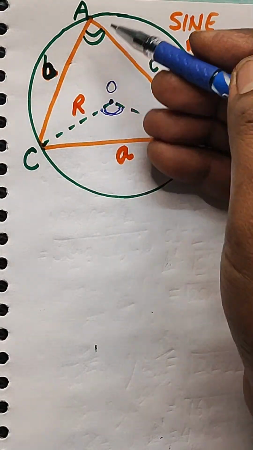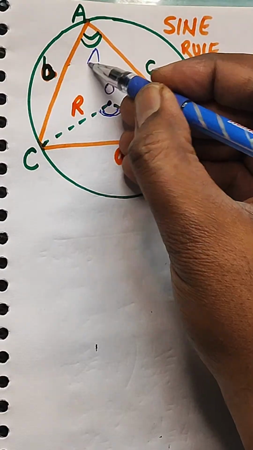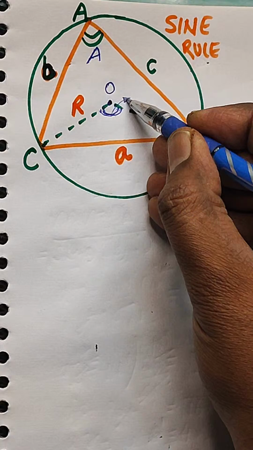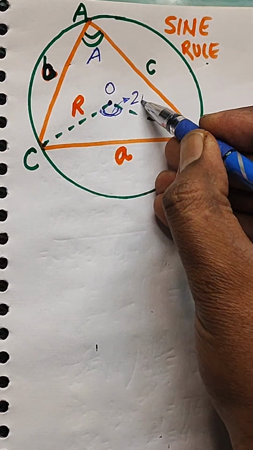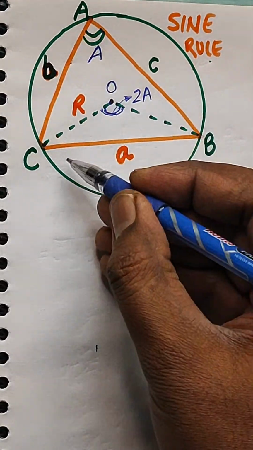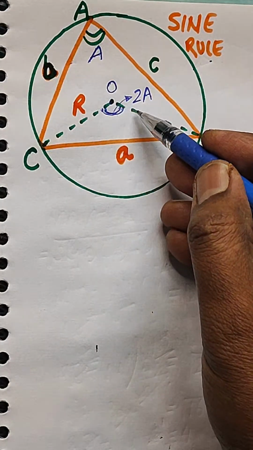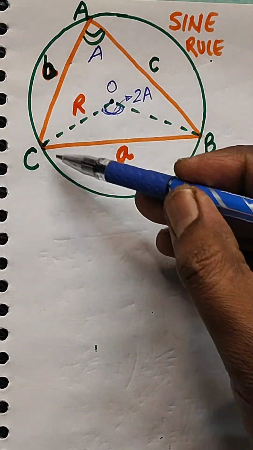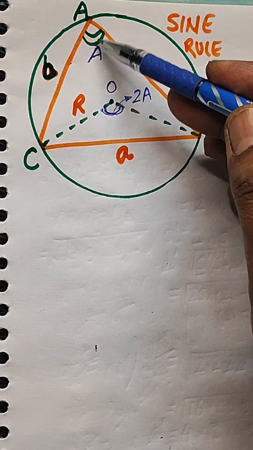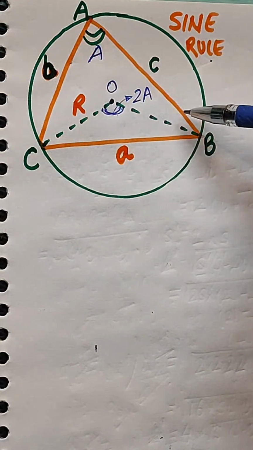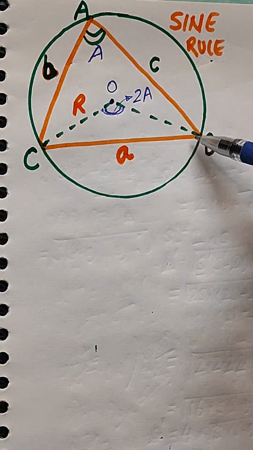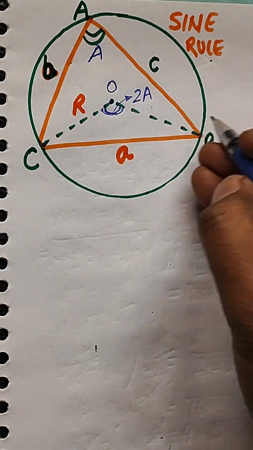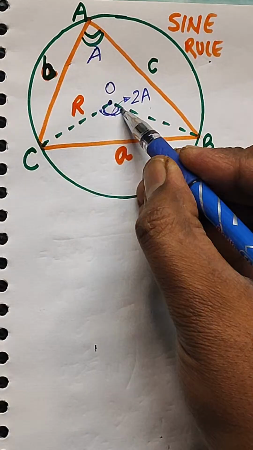Definitely, if this is A, then this angle will be 2A, because the angle subtended by the arc at the center of the circle is twice the angle subtended on the remaining part of the circle. So this arc CB subtends A at the other segment of the circle, and the same arc CB subtends 2A at the center. We learnt this formula in class 10th, right?